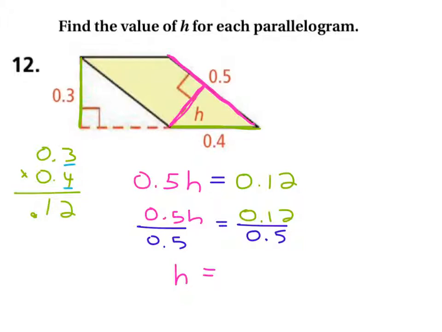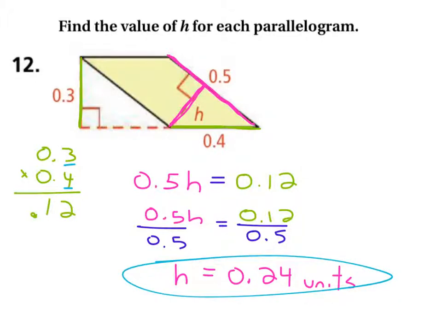I happen to know that dividing by 1/2, that's what 0.5 is, is the same as multiplying by 2. So it's like I'm multiplying 0.12 by 2, and I'm getting 0.24. Okay? That's the height. And of course, I should say, we don't know what the units are, let's call them units. The height is 0.24 units.